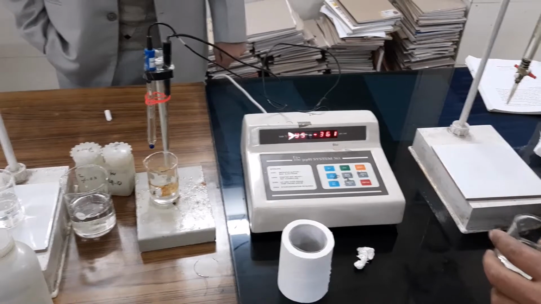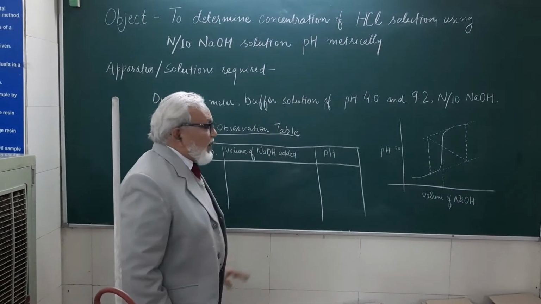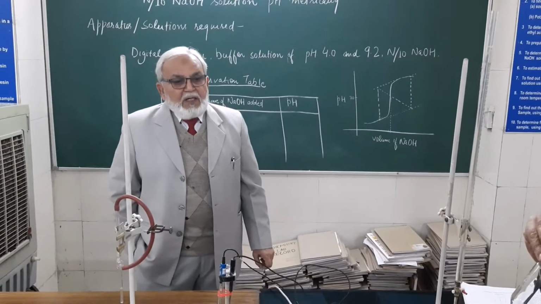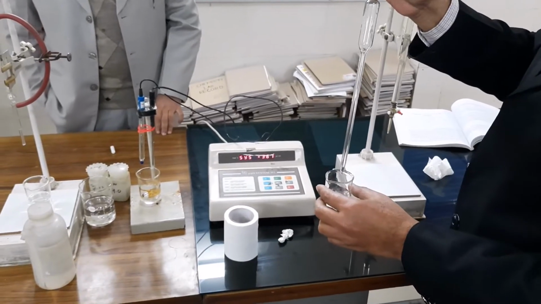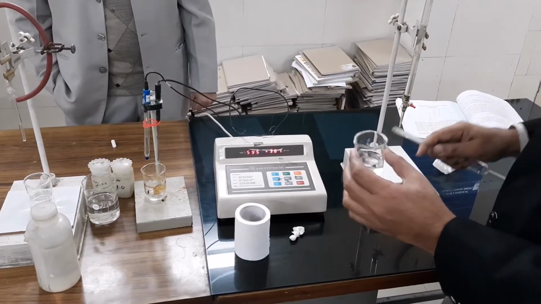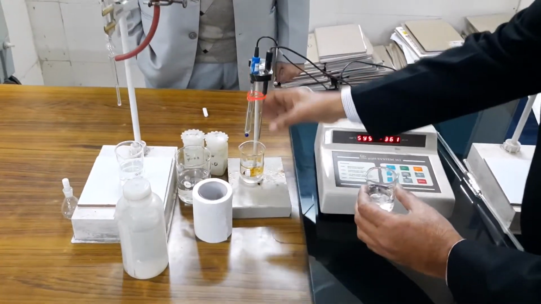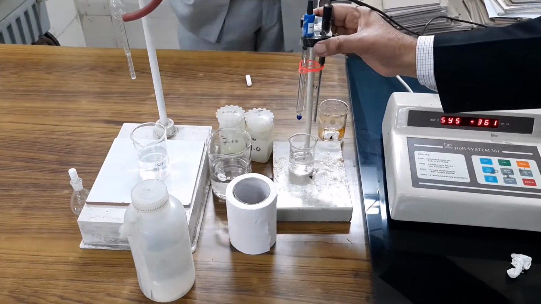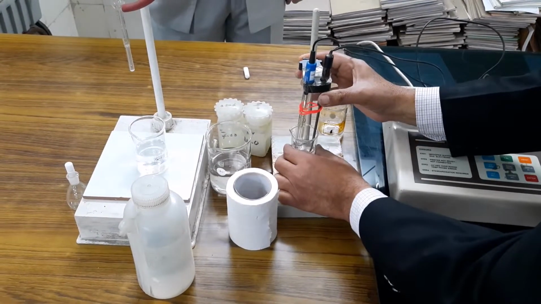So here our solution is unknown HCl solution. For that, pipette out 25 ml of HCl and transfer it into a small beaker of 100 ml capacity, and then the beaker is kept under the electrodes of the pH meter, and the electrodes are dipped into the solution.